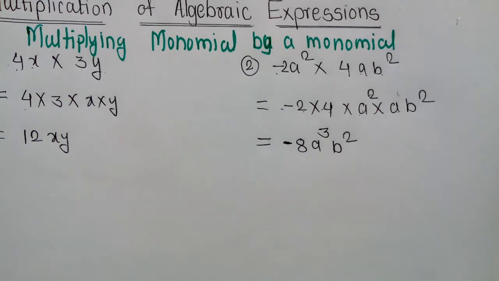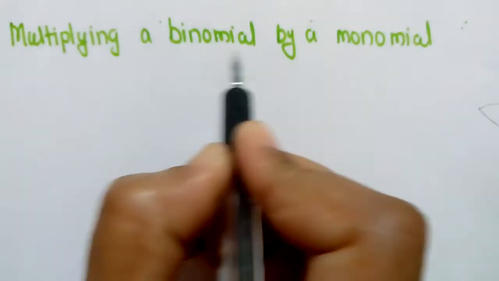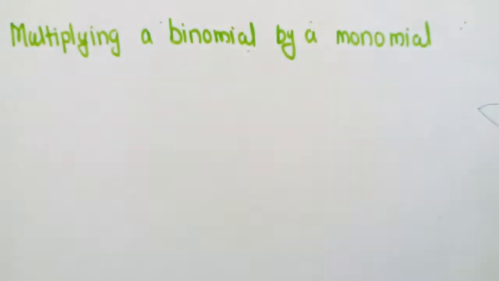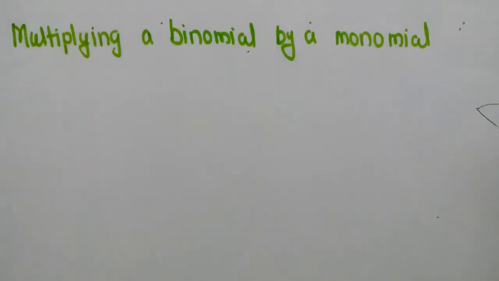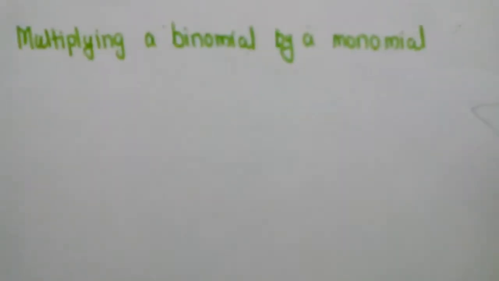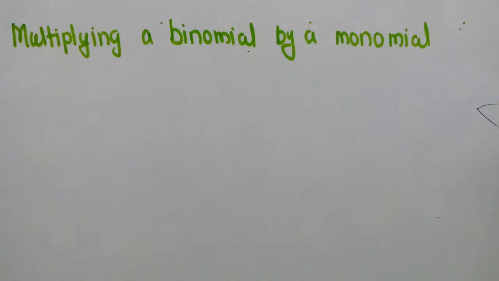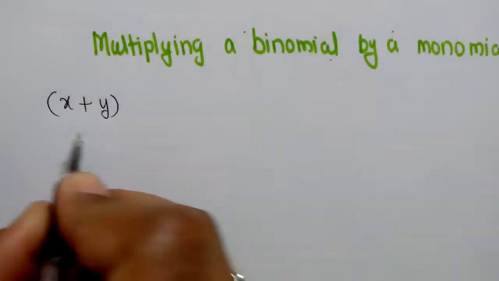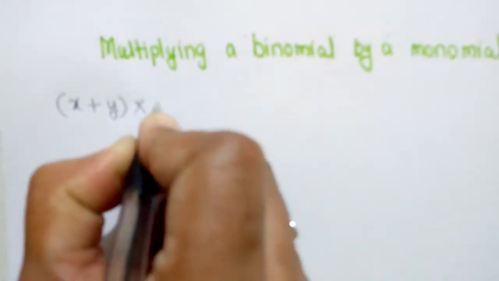Okay. Now we will see multiplying a binomial by monomial. So the first term will be binomial, the second term will be monomial, and vice versa. Means the first term may be monomial, the second term may be binomial. A binomial is an expression with two terms. First a simple example: x plus y into x.